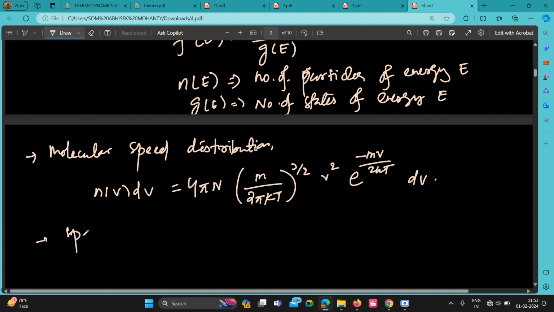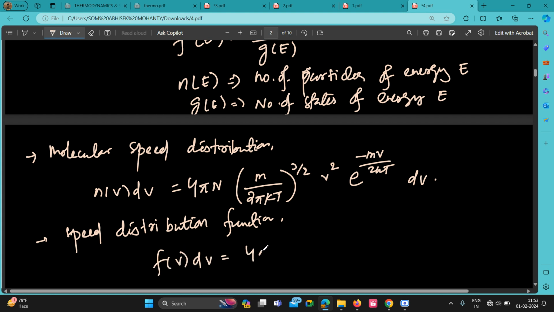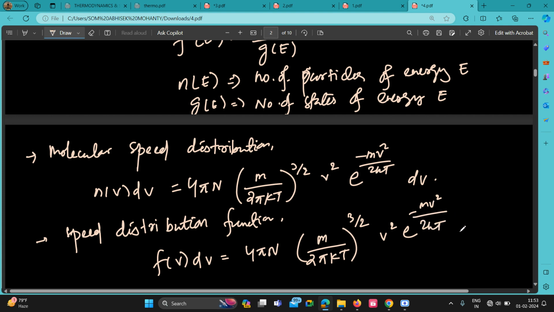The speed distribution function f(v)dv is equal to 4 pi (m by 2 pi kT) to the power 3 by 2 v square e to the power minus m v square divided by 2kT dv. Right? Okay.